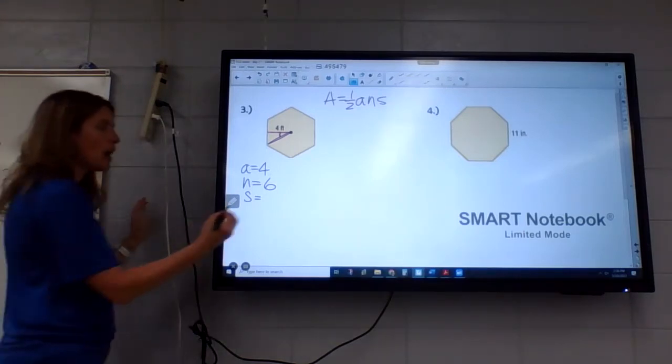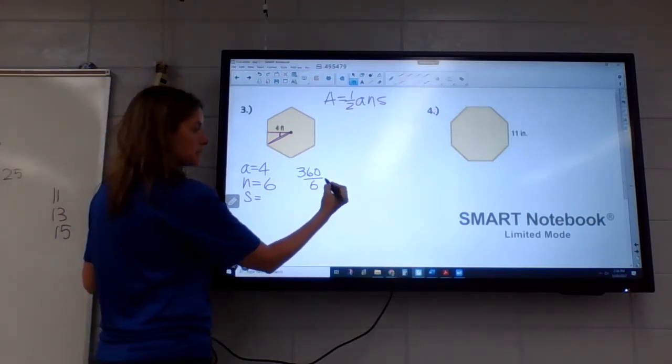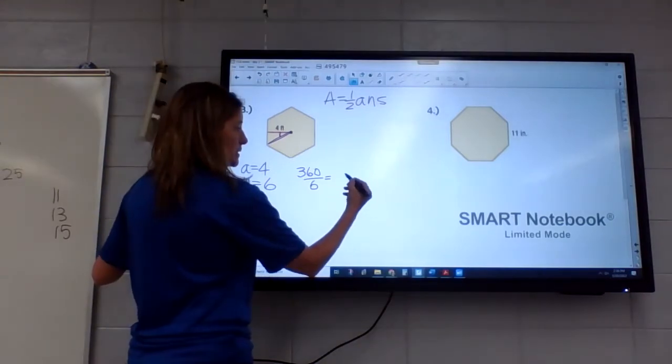So I'm going to do 360 and divide it by 6. Now, the 6-sided figures work really nicely, so you probably will see more of those on your homework assignments because they're nice numbers. When the angles start becoming decimals, it's a pretty big pain. So this will be 60 here.